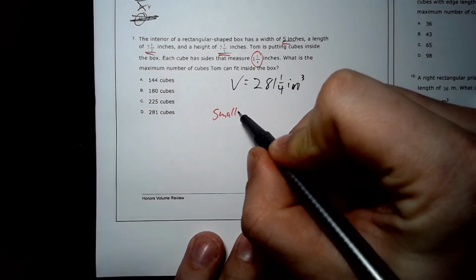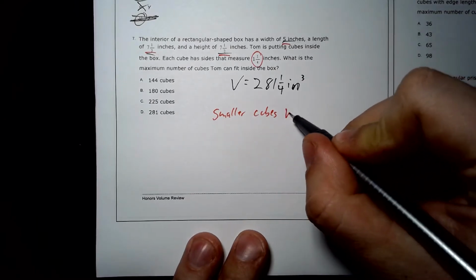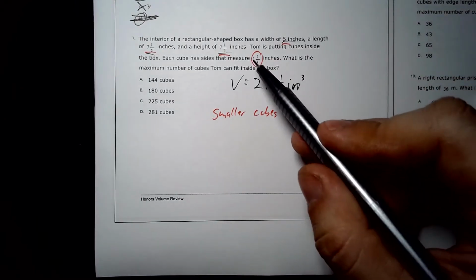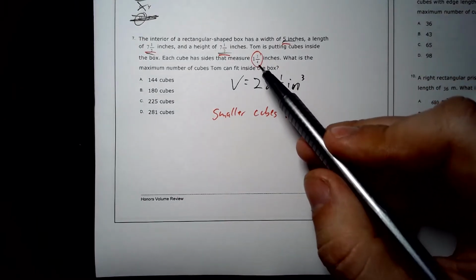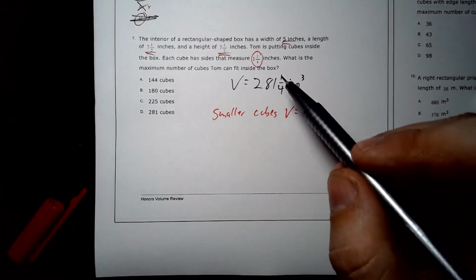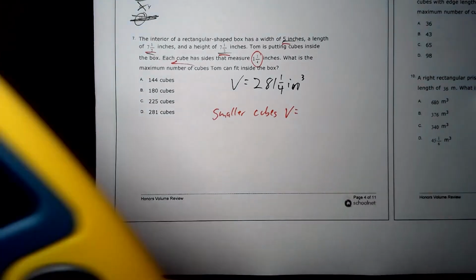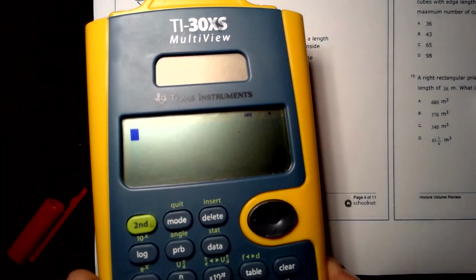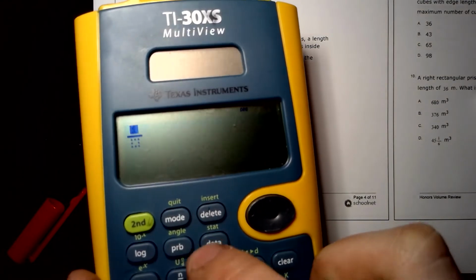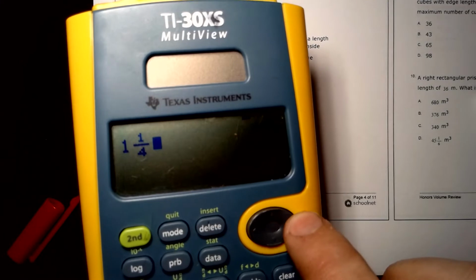So the smaller cube's volume is going to be 1 1/4 times 1 1/4 times 1 1/4. That's going to give me how much space each one of these tiny cubes is going to take. So, take my shortcut and just do 1 1/4 to the 3rd power.